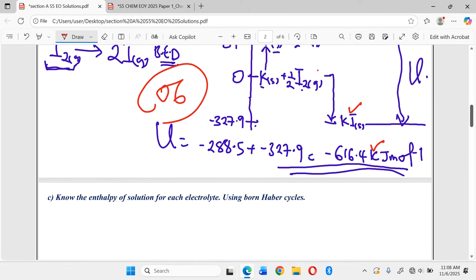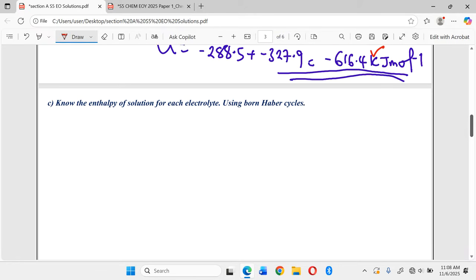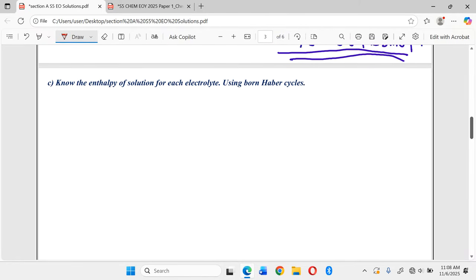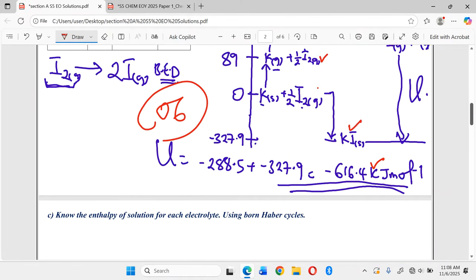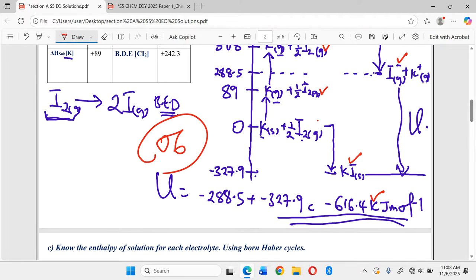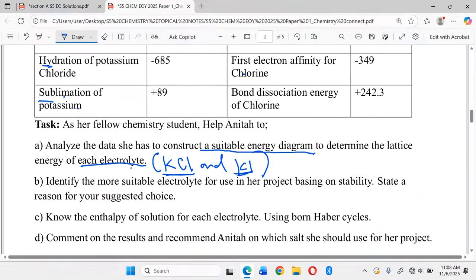Okay, let's go to part C. Before you go to part C, that was part A. Let's look at our second part. So part A, they are saying to analyze the data she has to construct a suitable energy diagram to determine the lattice energy of each electrolyte.